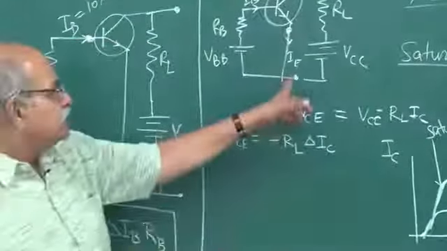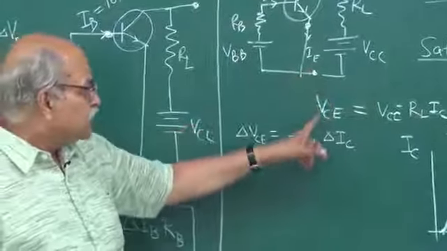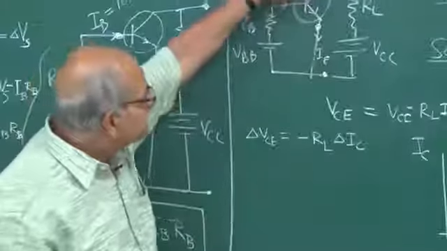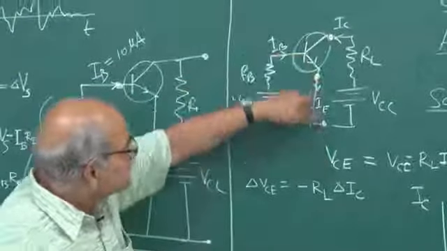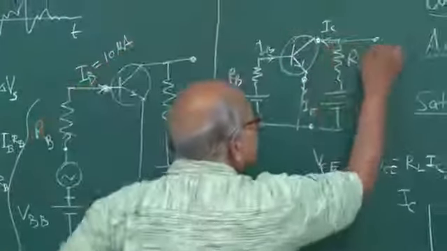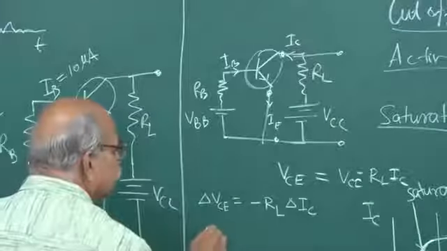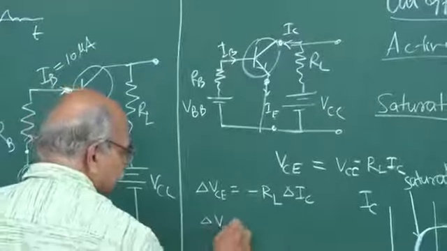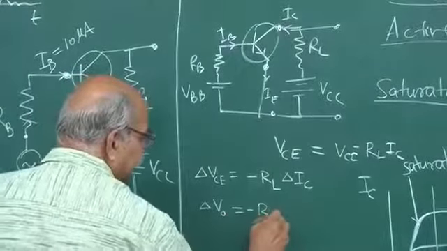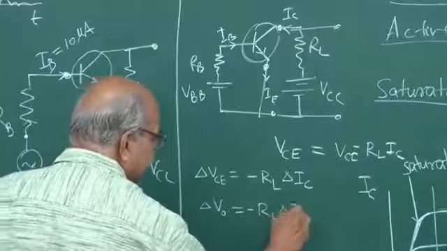VCE is the voltage between collector and emitter. Here is the collector and here is the emitter. So this voltage is the same as this voltage, and this is the output voltage. So VO or delta VO, the output voltage, is minus RL times delta IC.